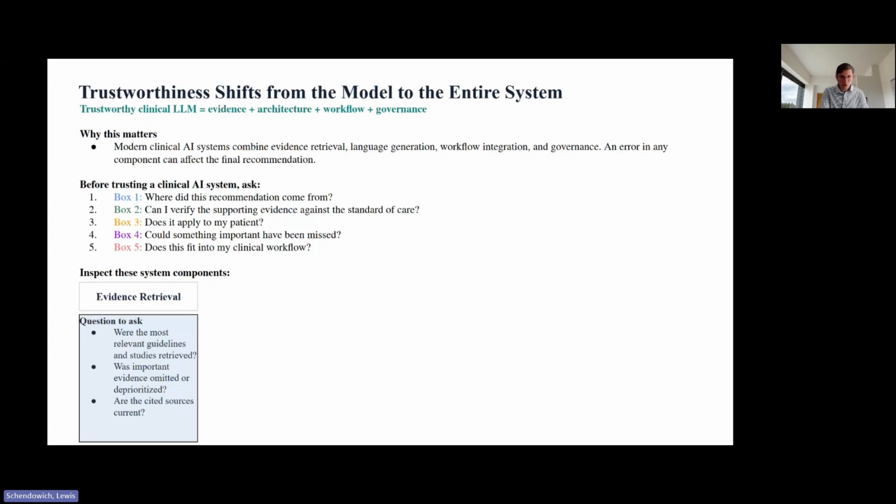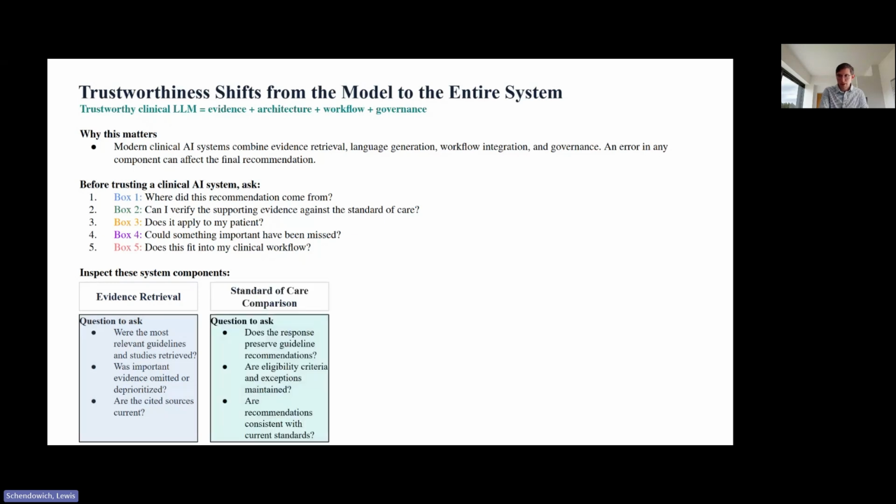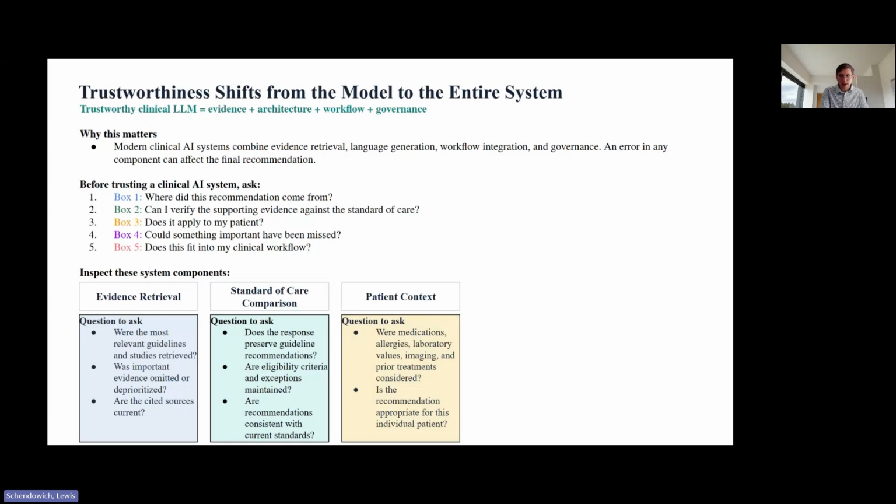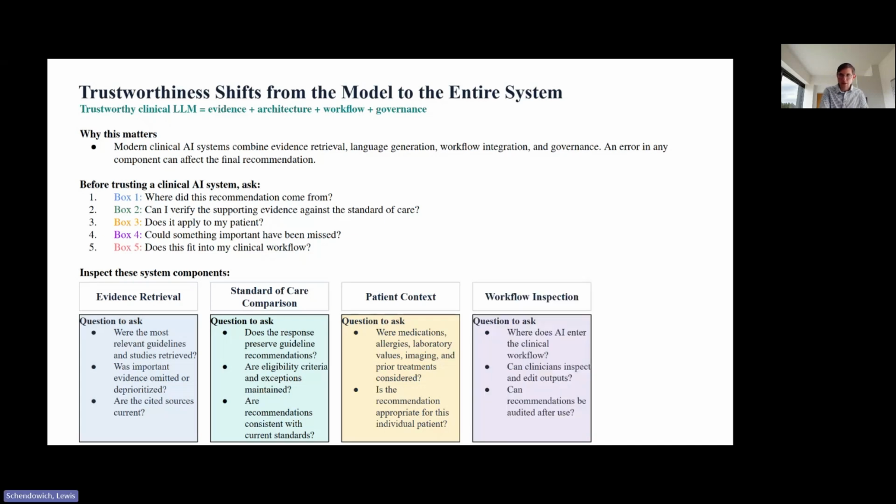We should ask several questions, but 5 main questions are important. Where did the recommendation come from? Can I verify the evidence against standard of care? Does this apply to the patient in front of me? Could the clinical system miss something important? And does the system fit safely into my workflow?